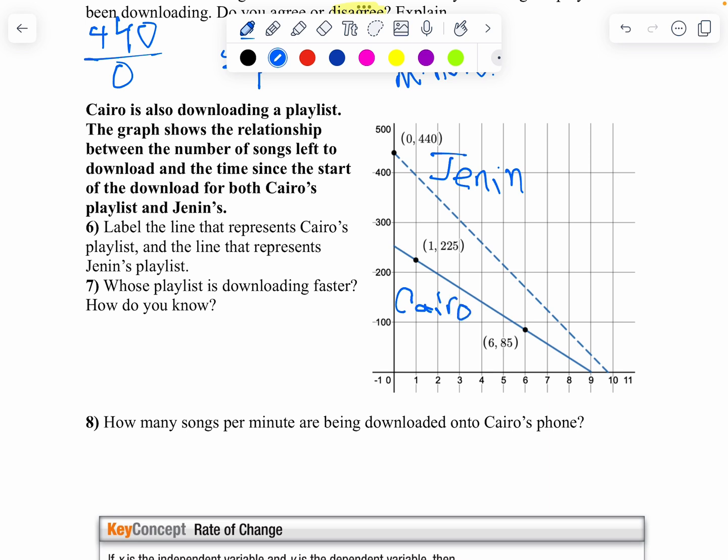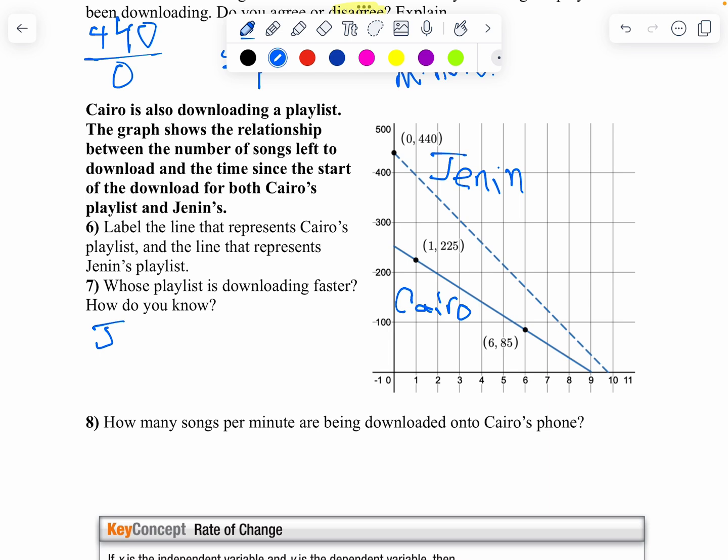Now, question 7: whose playlist is downloading faster, and how do you know? Well, I would say Janine. Look at her line, it goes down a lot quicker than Cairo's, doesn't it?